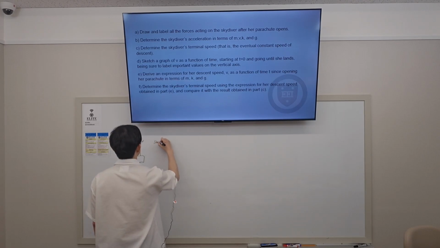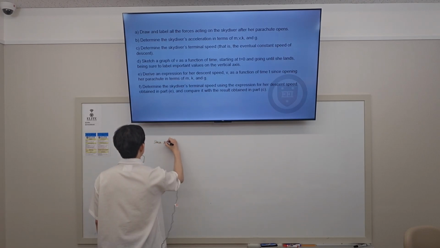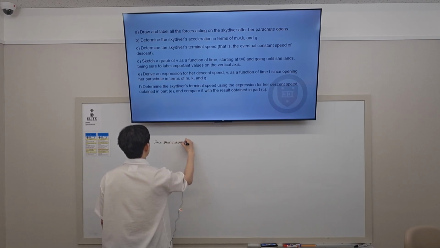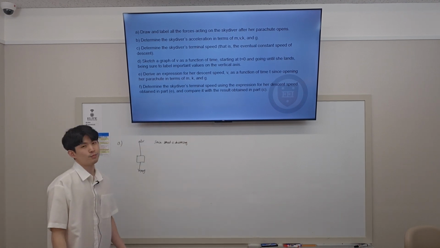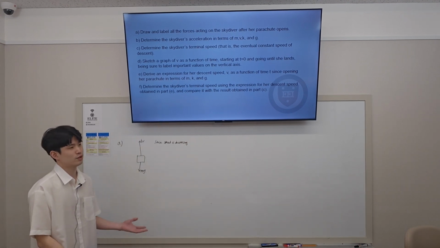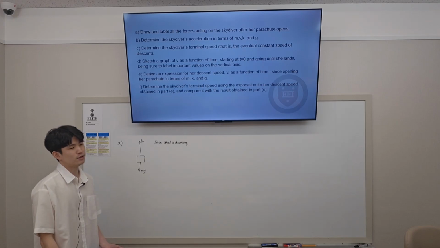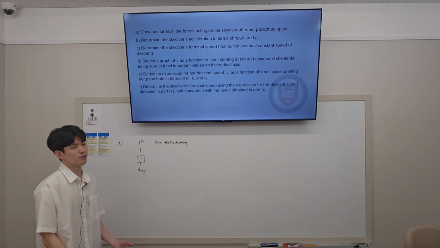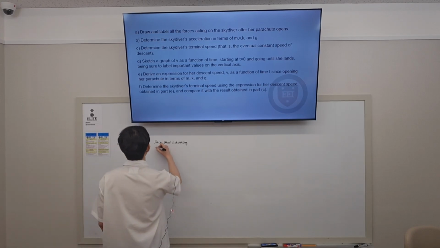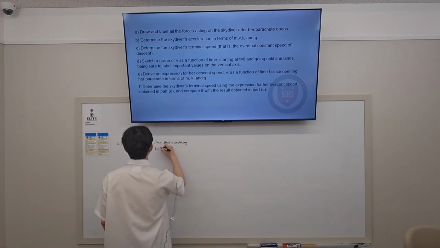Since speed is decreasing, because the whole purpose of using a parachute is to decrease her speed so that she approaches a terminal speed that she can land safely on the ground, that means that kV must be bigger than mg.